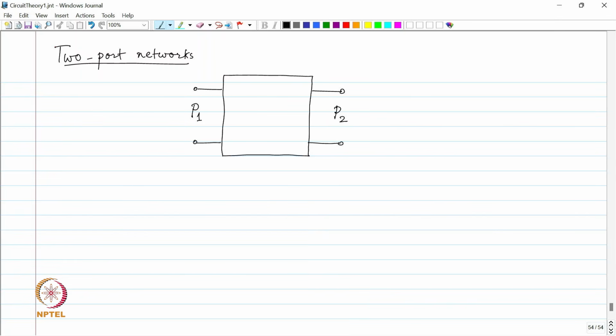So, I have two ports P1 and P2. You are always going to put P1 on the left side, P2 on the right side. I mean, generally speaking, that is what is done.